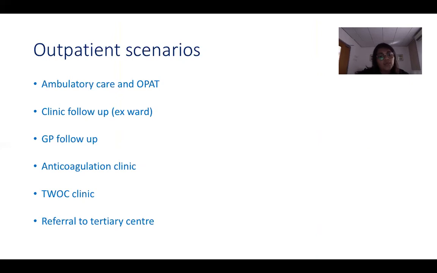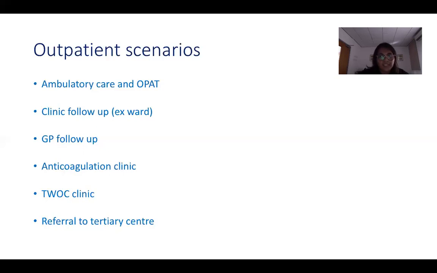And then the final one is referral to a tertiary centre. So especially at Lister, we often refer to Addenbrooke's, sometimes Queen Square, UCLH. And again, that process will happen when the patient is an inpatient and you've discussed with these teams, but make sure you note on the discharge letter that you've sorted out care at said tertiary centre, okay?